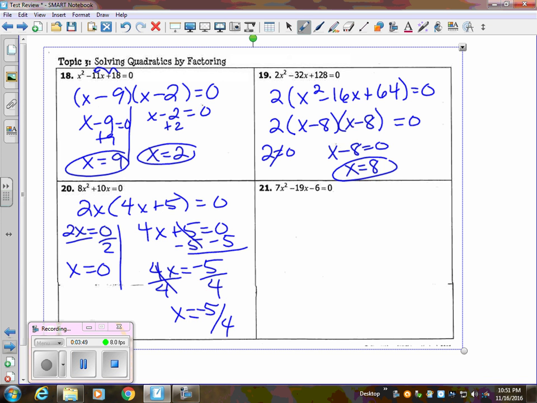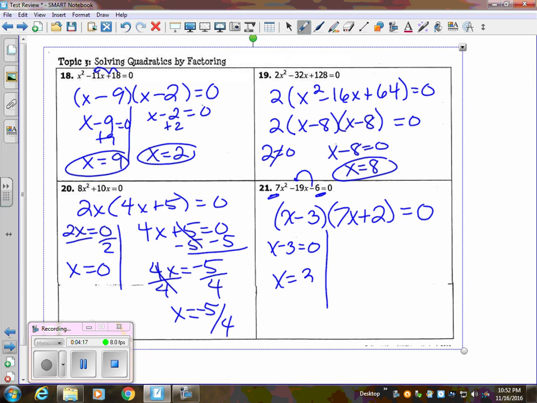The next one, we've got a harder trinomial. It's got to have different signs. That's going to give me 19, and I have to find the right combination between the factors of 7 and the factors of 6. So I ended up with x minus 3, 7x plus 2. Then splitting them up, this one's going to be x is 3.